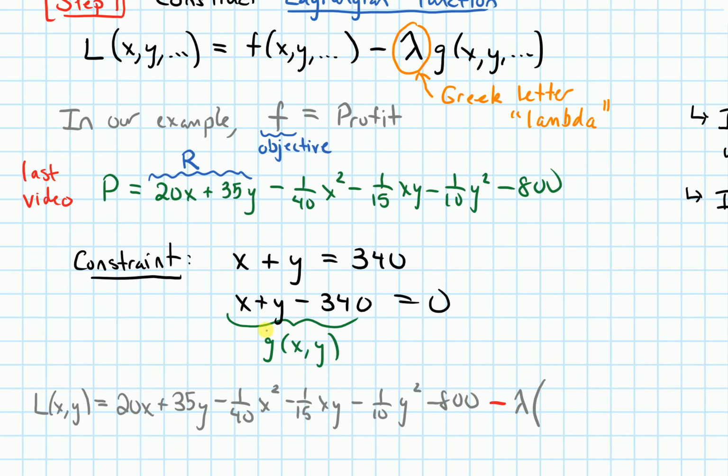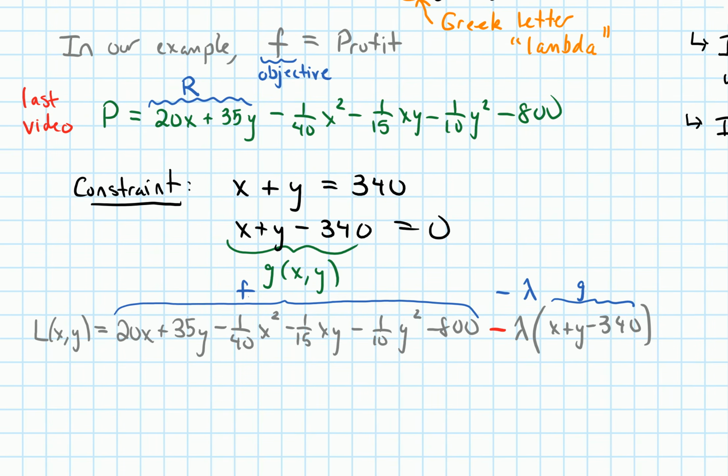The function g is x plus y minus 340. That's my constraint function. So all of this was f, and then I have minus lambda times g. So the Lagrangian function is f minus lambda times g.